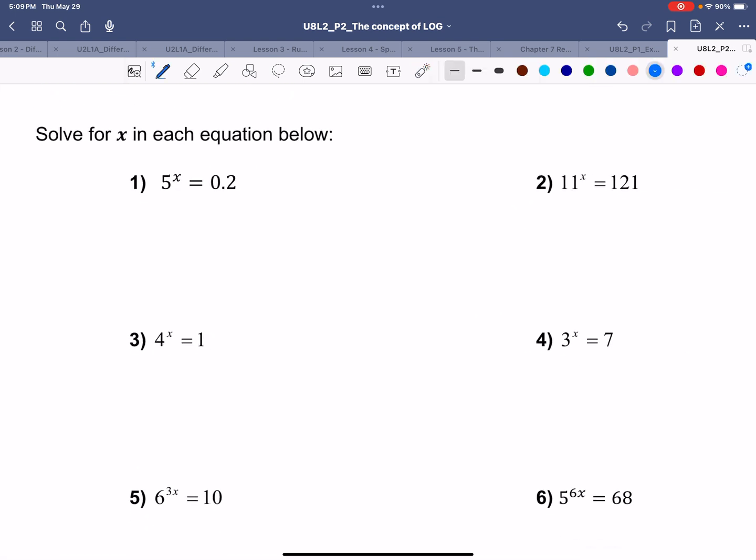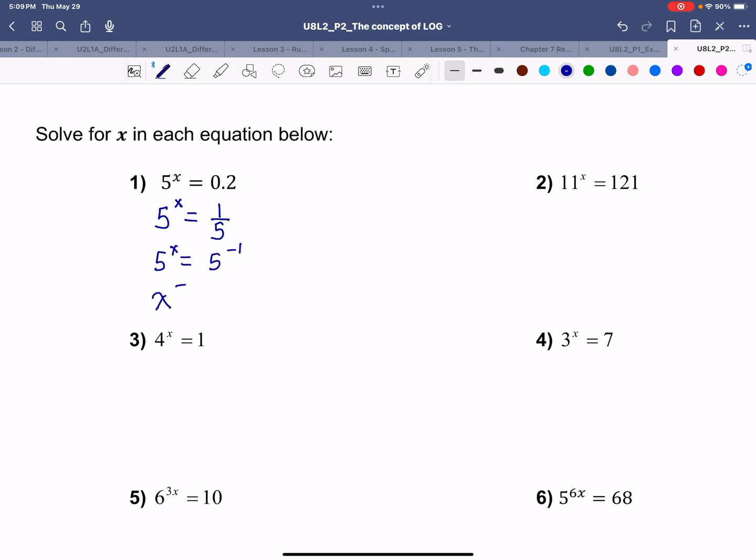So we have 5 to the power of x equals 0.2. In this case, what I can do is write the right side of the equation, 0.2, in fraction form. So if you want to do this the long way, in fraction form it is 2 over 10, or 1 over 5. So 0.2 is 1 over 5, or you can write this as 5 to the power of negative 1.